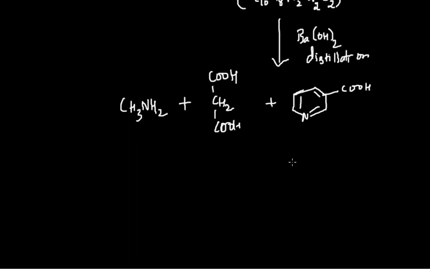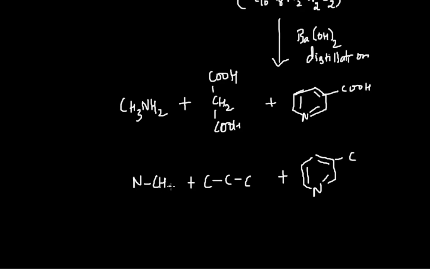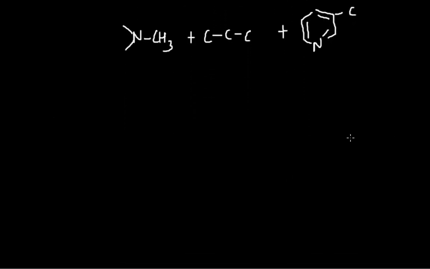Now let us account for the carbon structure, the important skeleton here. First it should account for this, now there is also a C-C-C from malonic acid, and then there should be your N-CH3. Okay, these are the important things, right? These three products are possible only with this particular structure.